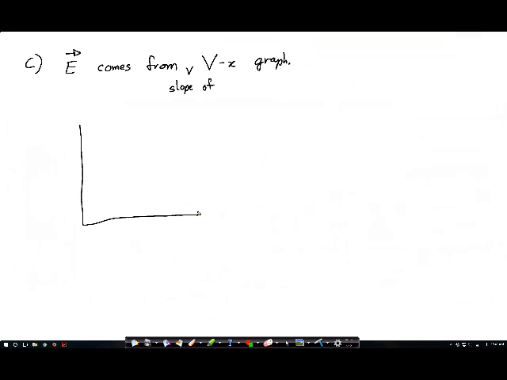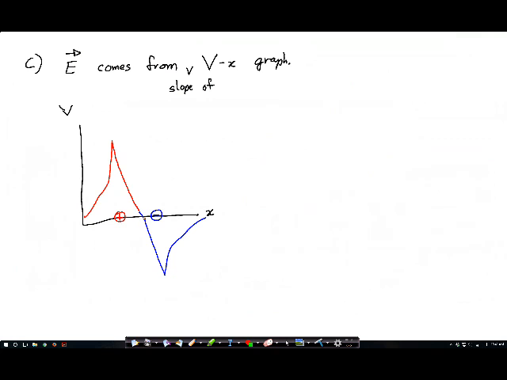So if we were looking at potential along x, then we would have, because we had a positive charge at x equals 3 and we have a negative charge at x equals 7, a peak up here, and then it's going to go down, but then we're going to have this valley down here, and then it's going to go back up.